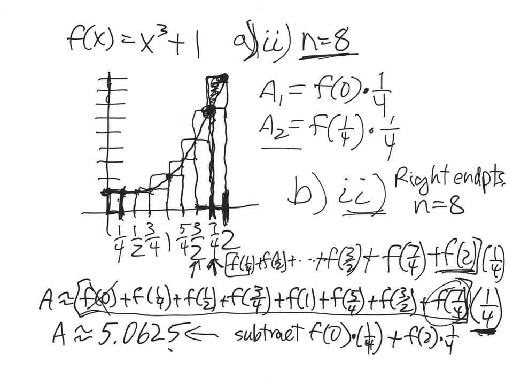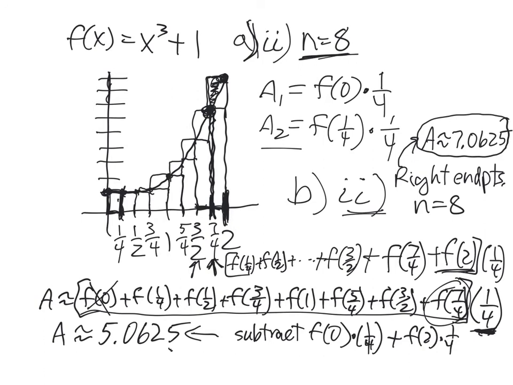And that will give you the area using the right endpoints. So you don't have to calculate 8 more function values. Okay? So what do we get when we do that? With our right endpoints, we do get 7.0625.